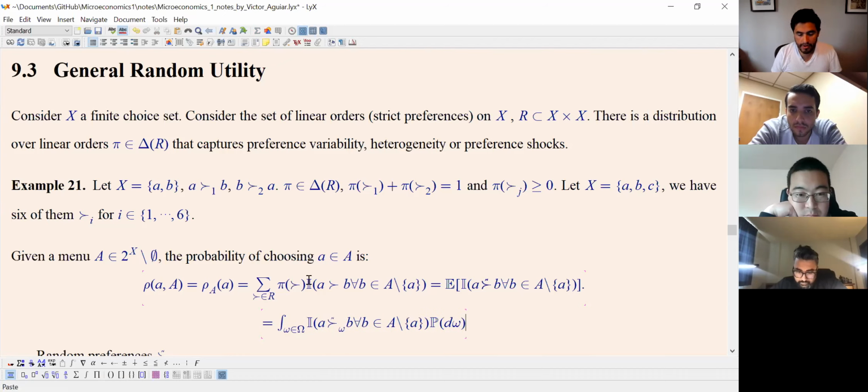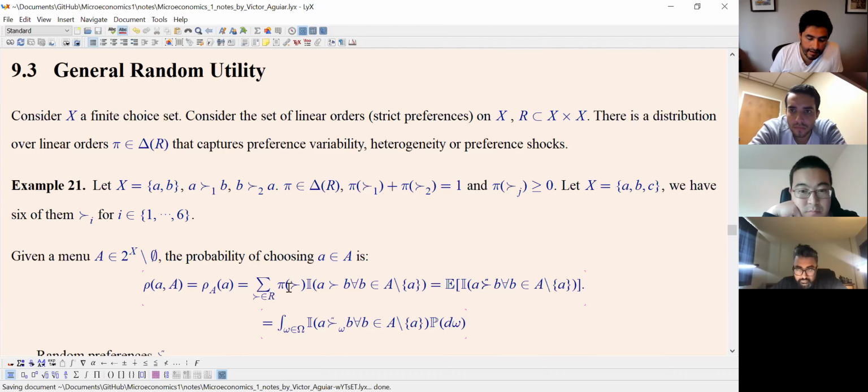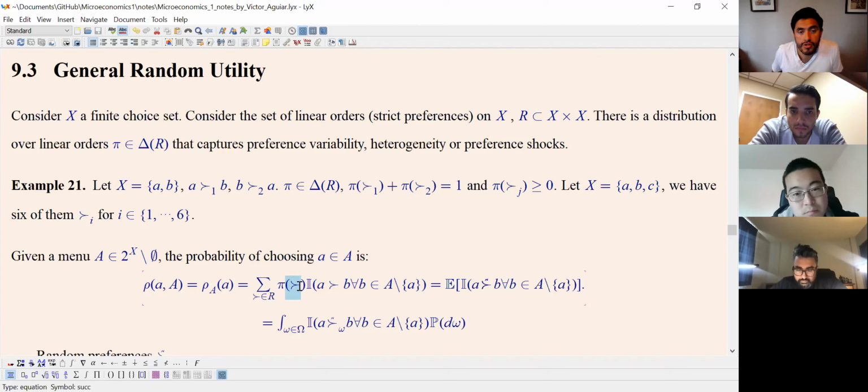And as a little bit what Tyson said, in the end, because I have finite choices, irrespective of your moods, you are going to be ranking these two alternatives, either A is better than B or B better than A, right? So that means whatever moods you have, whatever source of randomness you have in the back, they are going to be projected to finitely many types.